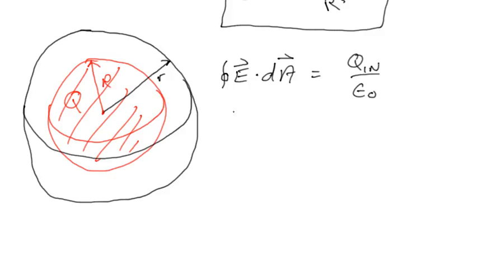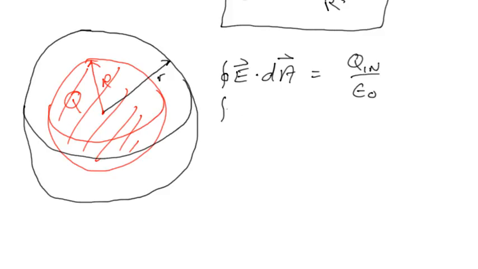So, like before, the electric field from symmetry is outward, or could conceivably be inward if capital Q is negative, but I'm just going to call it outward. Therefore it's going to be parallel to dA at every point on the surface, and all points on the surface are the same distance, little r, from the center. So from the symmetry of the charge distribution, at all points on that Gaussian surface the electric field has one and the same value.